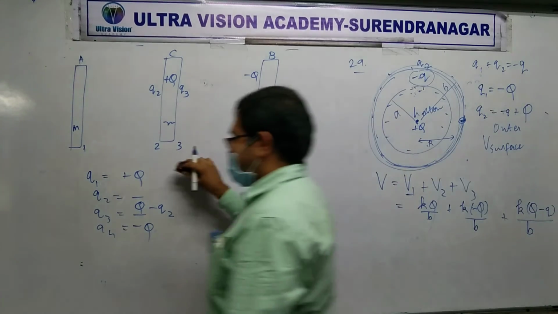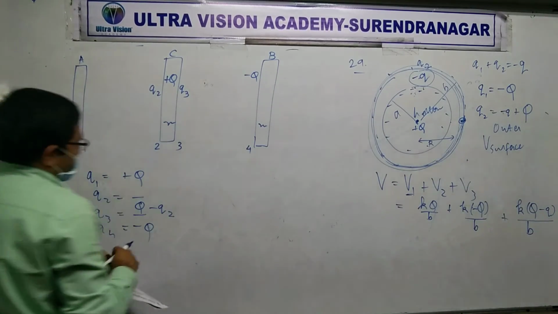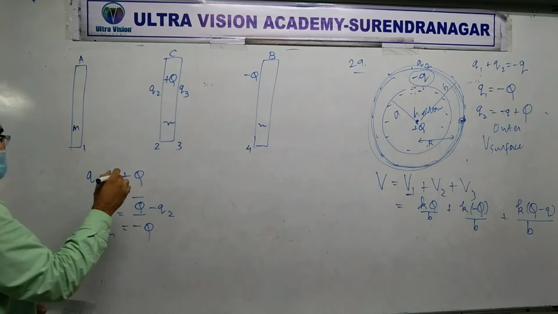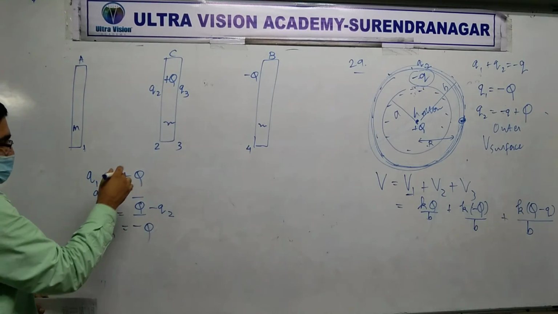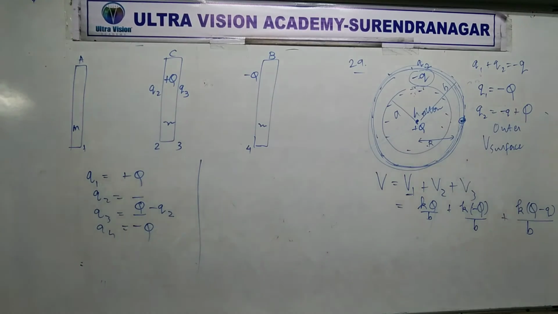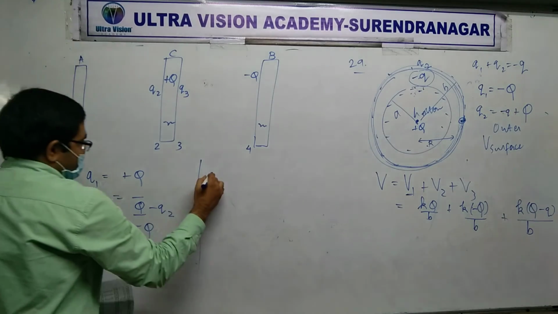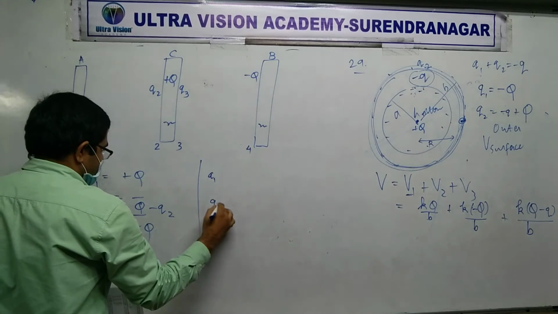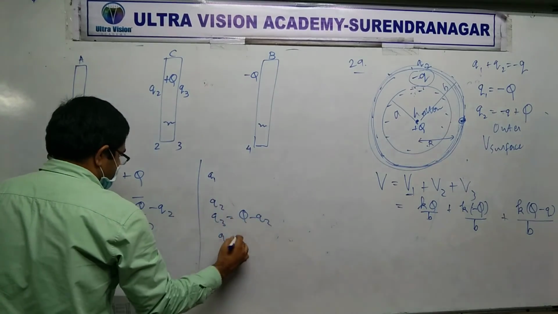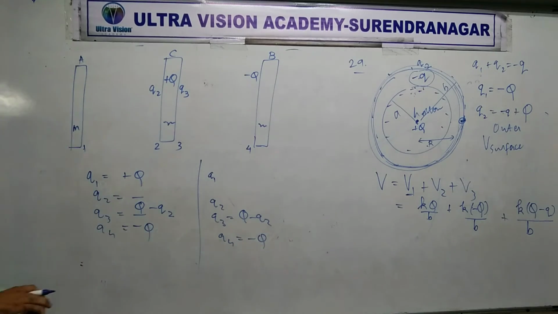These were actually the initial charges. I think we should make it very clear. These were the initial charges. What happens now? There are various ways to go about it.